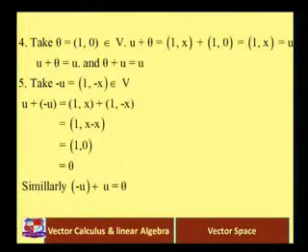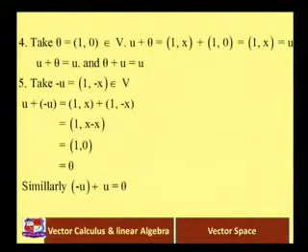Because it satisfies this condition: if we take theta equal to (1, 0) belonging to set V, then u + theta, that is u is (1, x) and theta is (1, 0), so (1, x) + (1, 0) is equal to (1, x + 0), so (1, x), that is equal to u. Clear? So we proved that there is an identity theta equal to (1, 0) belonging to V. It satisfies this condition for all u belonging to V, that is u + theta is equal to u, and similarly we can prove that theta + u is equal to u, right?